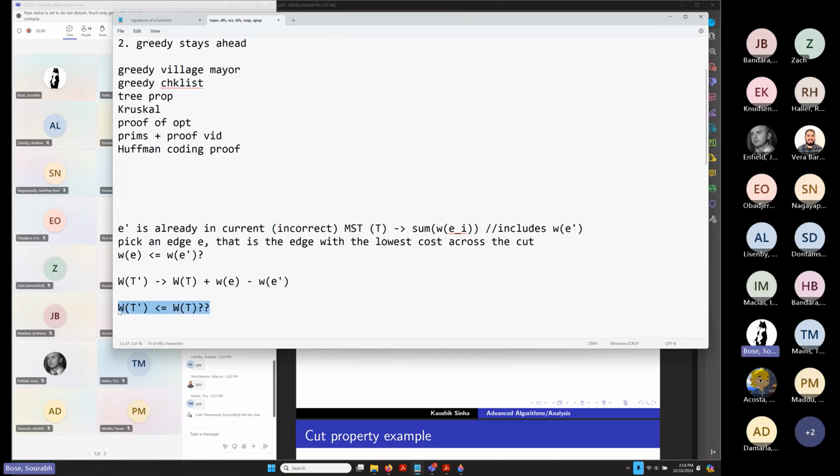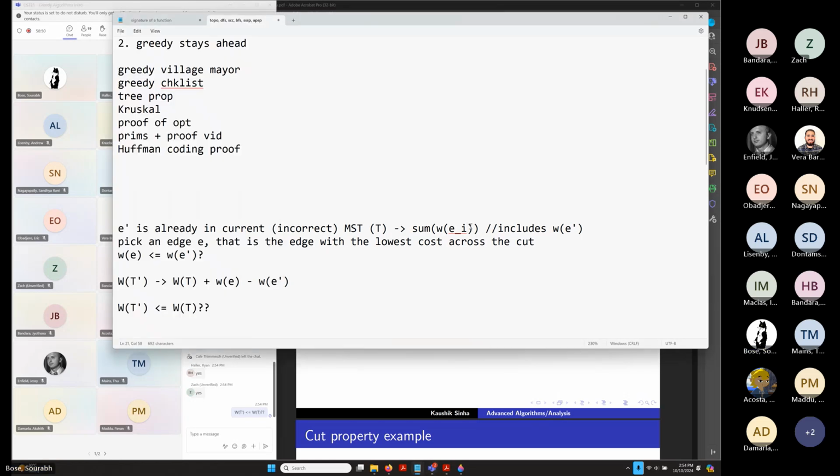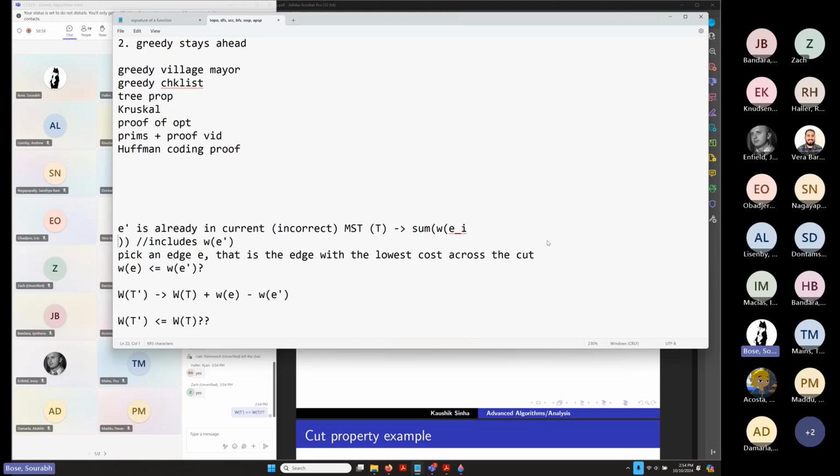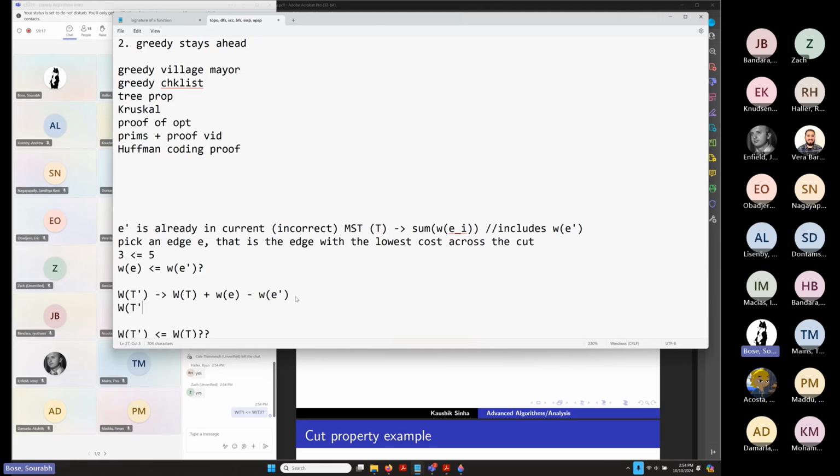Let me type this out in the chat. Why? Because the total cost is, okay, so let's take numbers. Let's say we are picking an edge with weight 3, which is less than or equal to the weight of E prime. So let's say that is 5. Now let's say that the overall cost we are trying to compute is W of T prime. Let's say that currently the total tree cost is somewhere around 20, right?